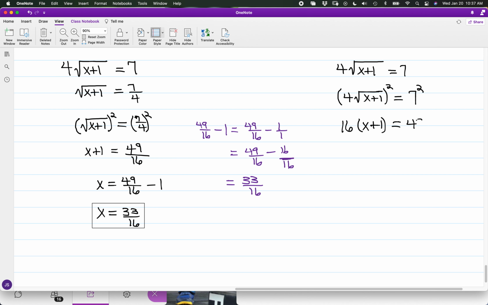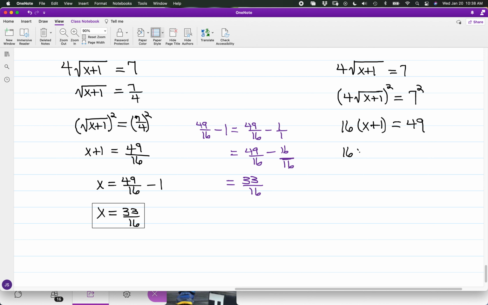Let me mention something. If you square something like a coefficient times a square root, we get the square of the factors, but the squaring does not undo the multiplication. You still have multiplication that is carried out. So here we have the distribution of 16 over all of x plus 1. I've seen some careless mistakes like 16x plus 1, but it's going to be 16 times all of x plus 1.